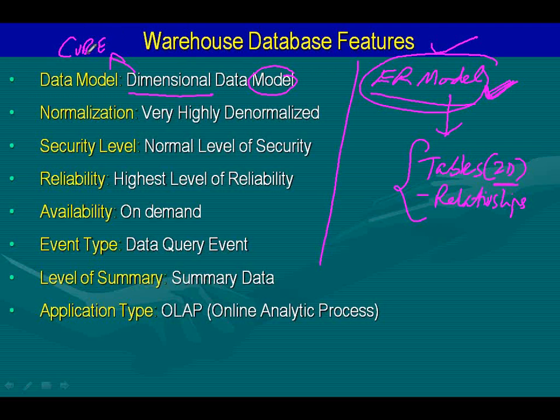A cube is a multi-dimensional storage structure for data. Why you prefer that structure is that it is good for query handling, whereas the relational structure is good mainly for manipulations. It is consistent with data manipulation.